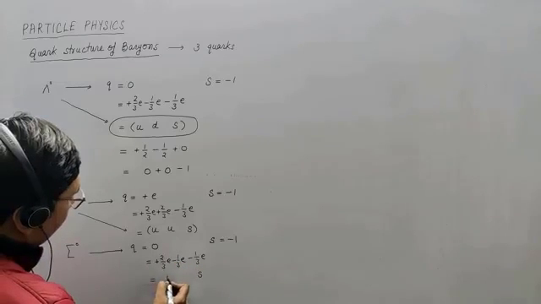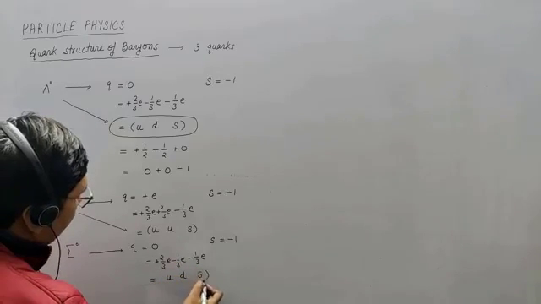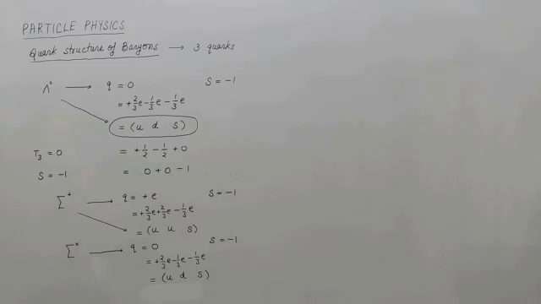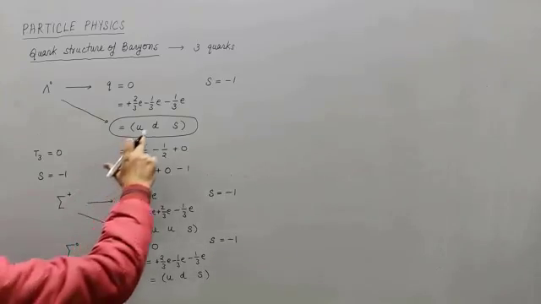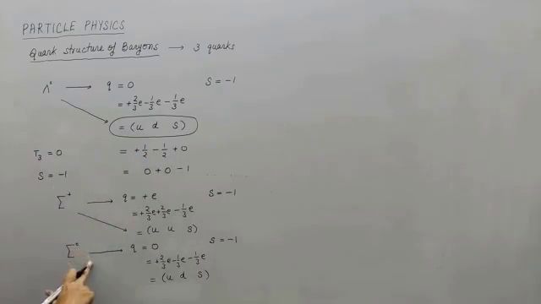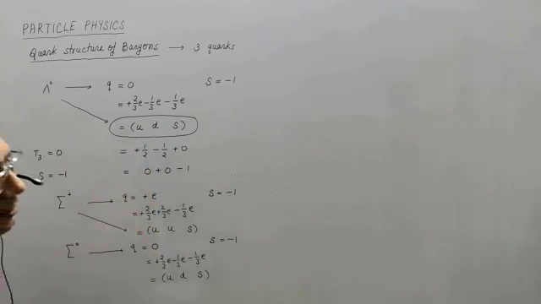So this will be UDS. So here you can observe that both lambda naught and sigma naught have the structure UDS, but their color combination will be different. So their quark structure is the same, but the color combination of these quarks will be different.